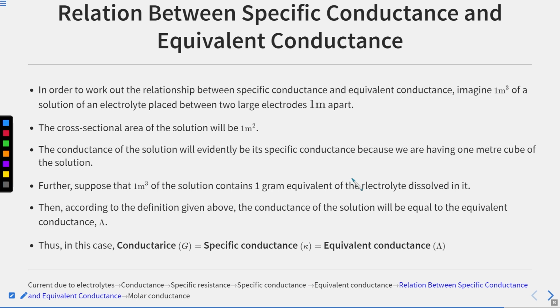So if I generalize all of this: in this case, where we have put the barriers, we have taken 1 meter cube of solution, placed electrodes 1 meter apart, and that 1 meter cube of solution contains 1 gram equivalent of electrolyte.